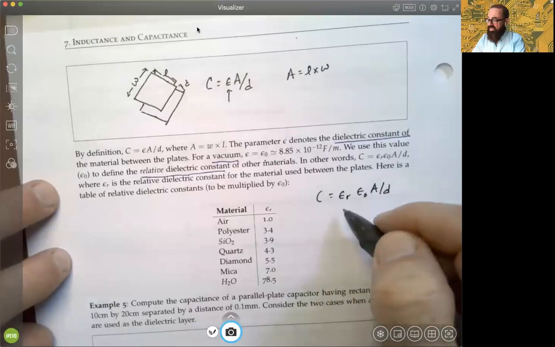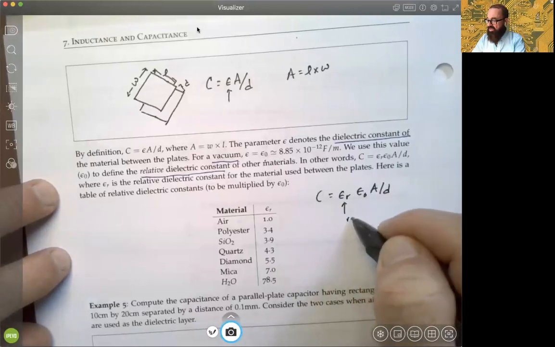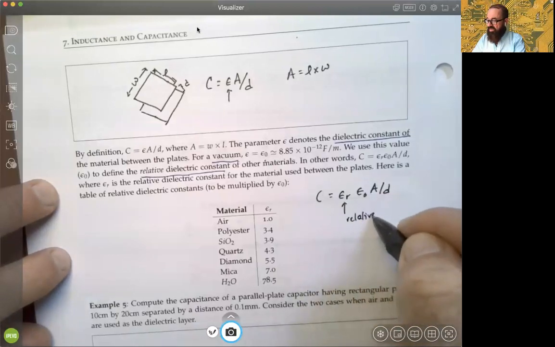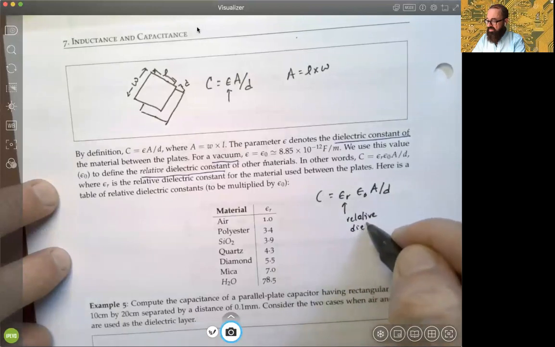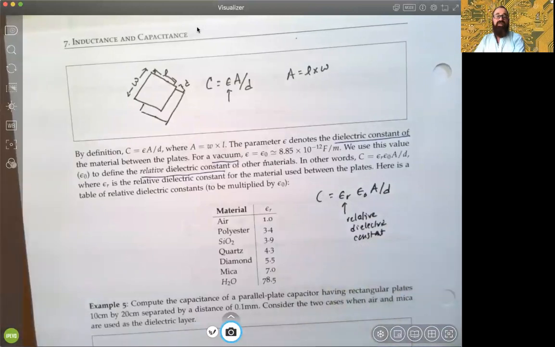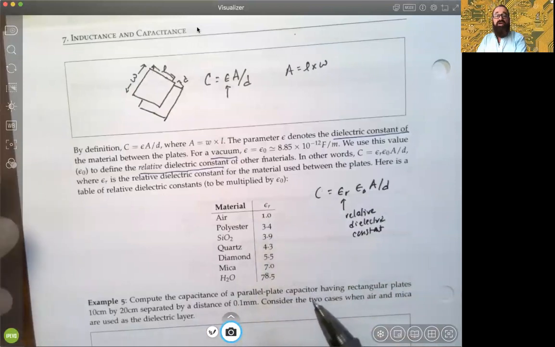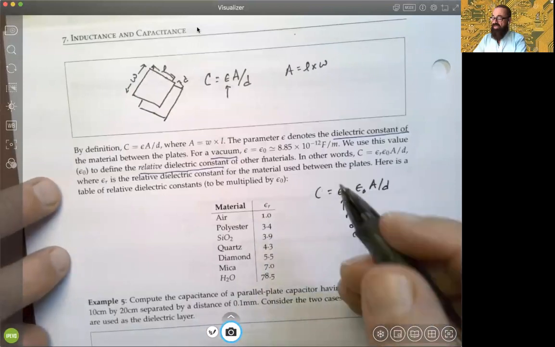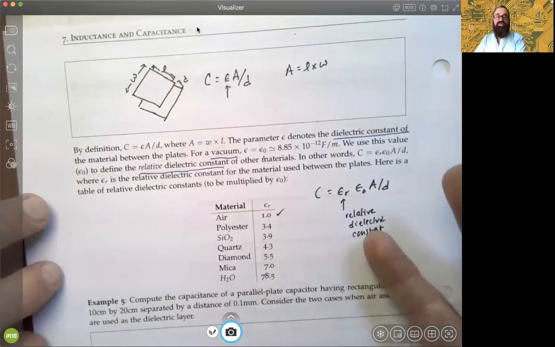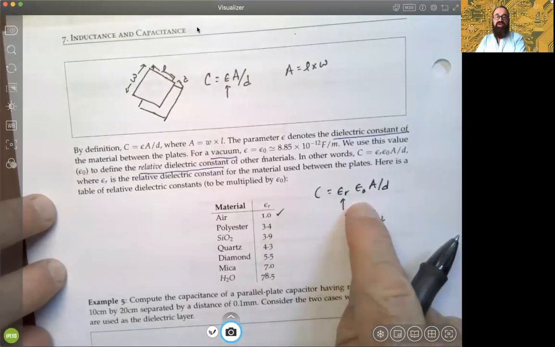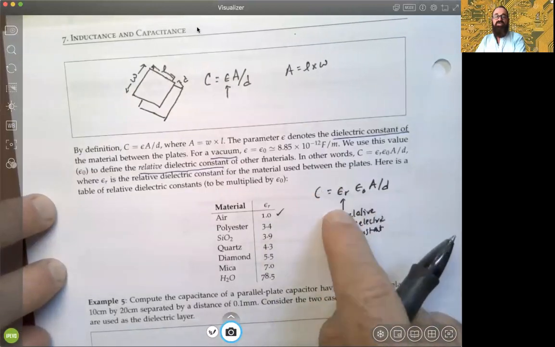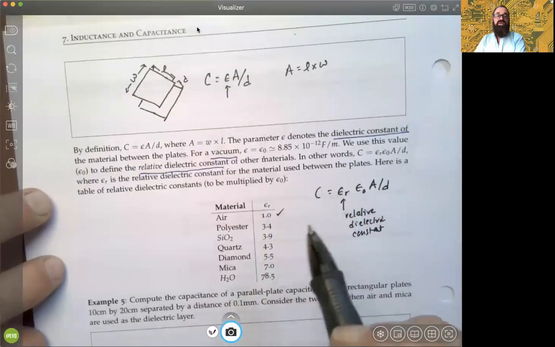So in this case, the epsilon r is what we call the relative dielectric constant. It's what factor are you of air, right? So here's just a little table to give you those material properties that helps define capacitance. Obviously, if it's air, then there really isn't an epsilon r there, so it's just the original epsilon 0. So we could just say epsilon r is 1.